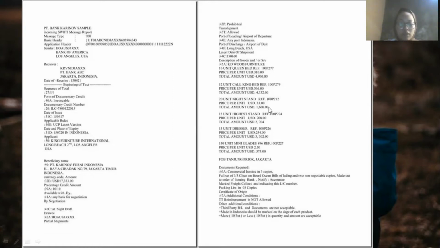After that, it can be seen that there is the detailed description and quantity of goods in this part, and shipping document negotiation terms in this part.